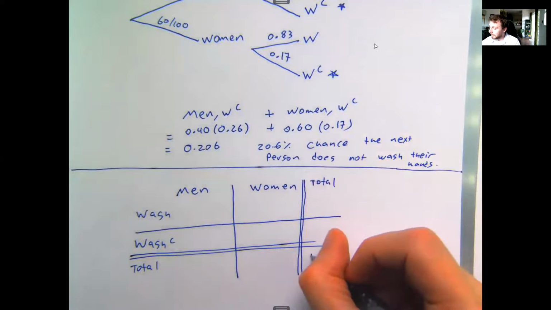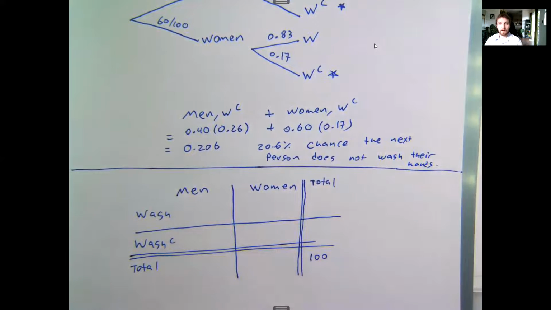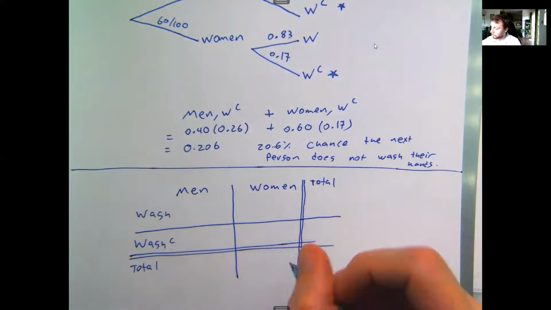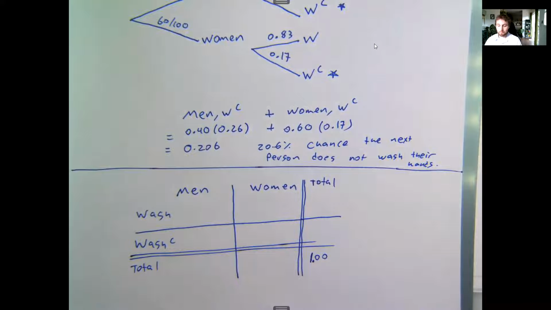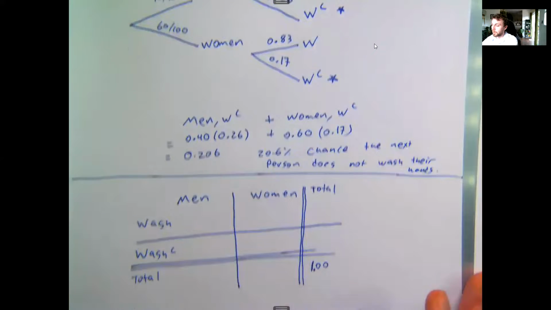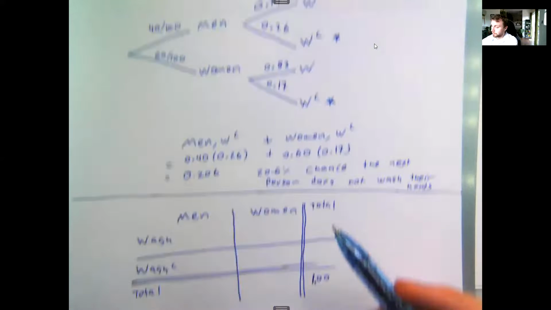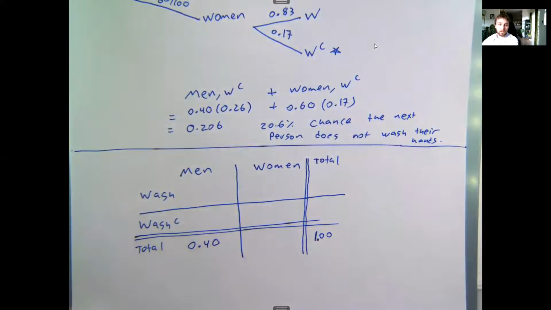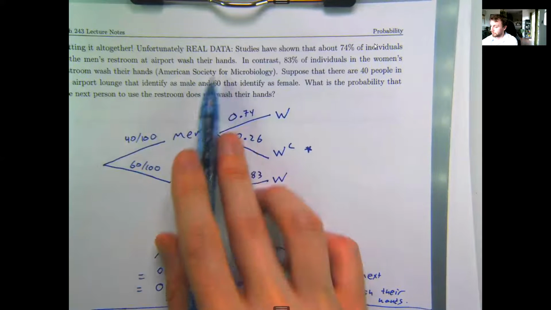In total, I'm looking at 100% of people. So I got that 100%, or as a decimal, 1.00 that I'm going to be putting in this right-hand corner. Looking at the problem again, I'm seeing that 40% were male. So the total here for men is 40%. The total for female was 60%.